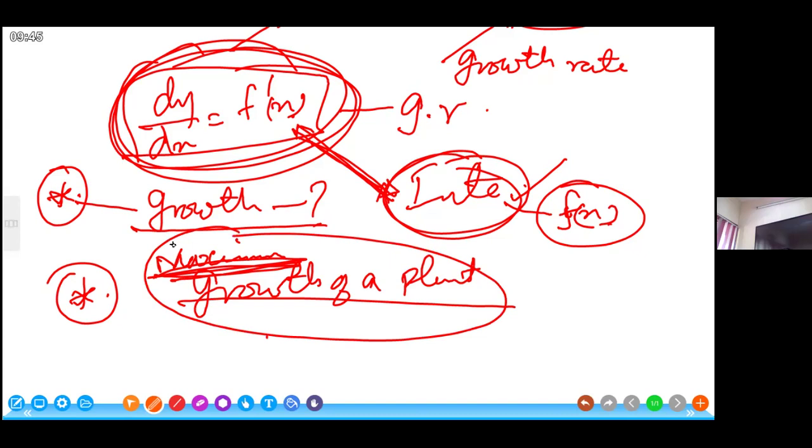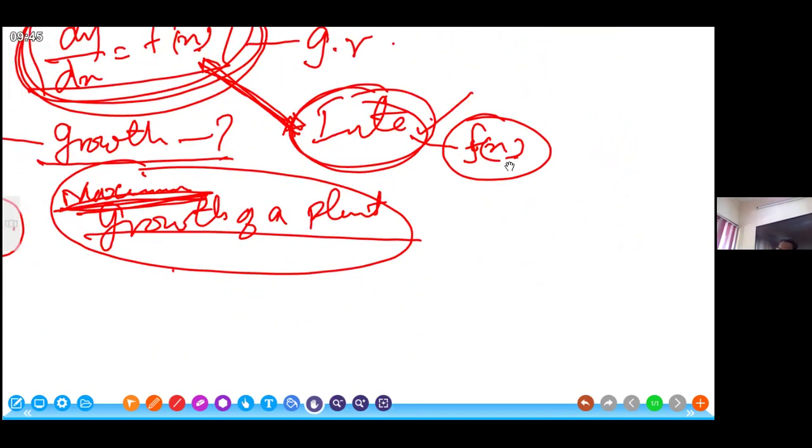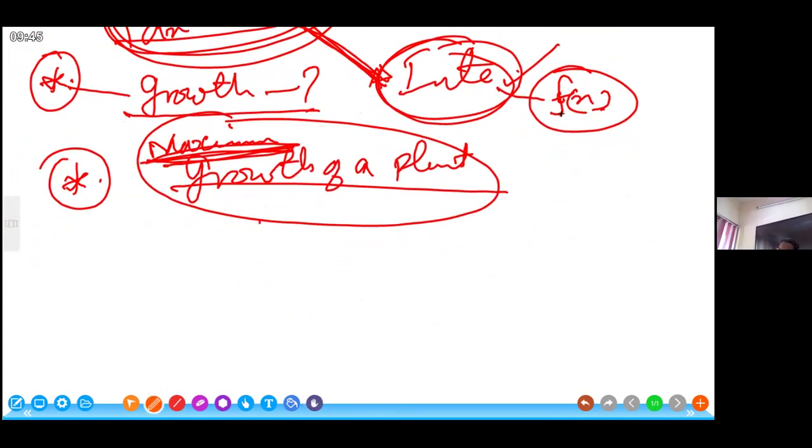Can you remember limits? Infinite. Can you remember limits? Anyone? It's an infinite value. Let's say you are given a function, whatever the function, in terms of x.